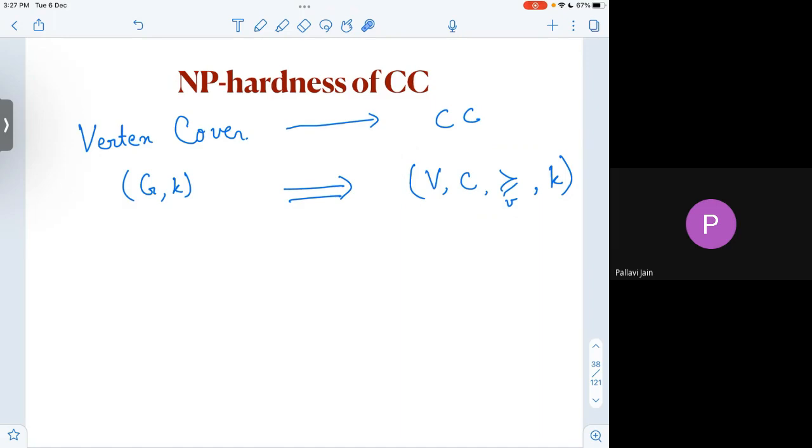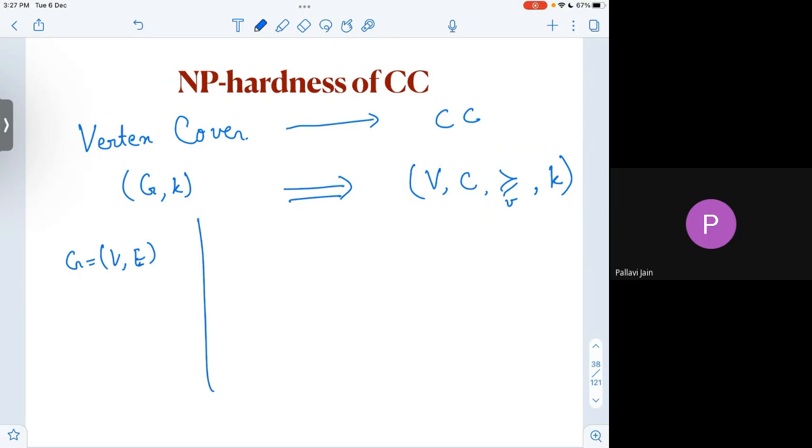Now you have a graph, so you have vertices and edges. You can take anything. Whatever that is, your construction of CC will depend on it. But what we do here is a generic reduction. You can start with anything and you will get this.